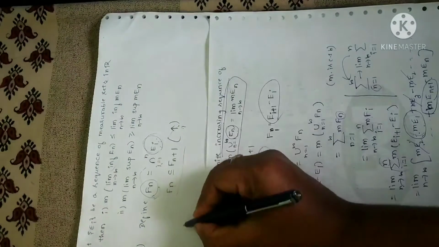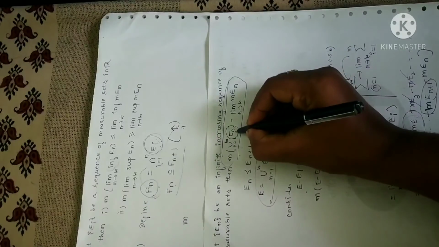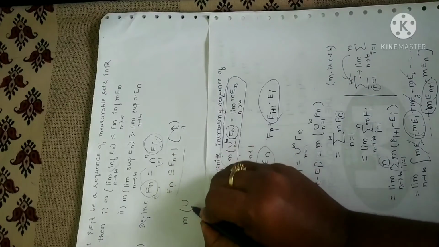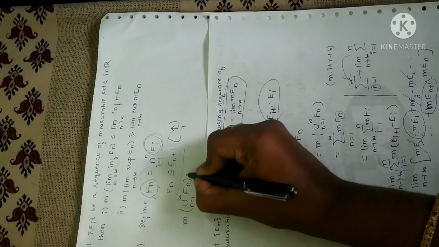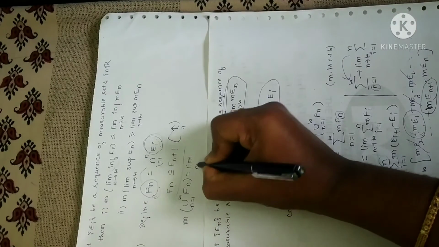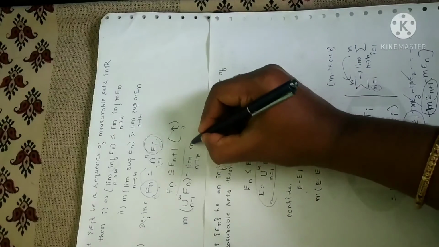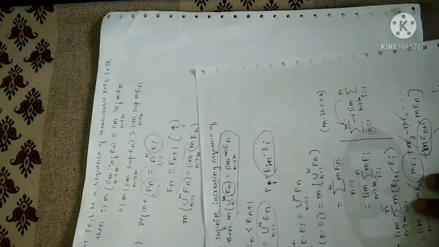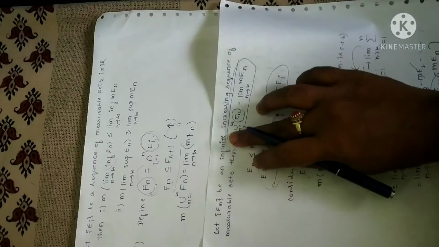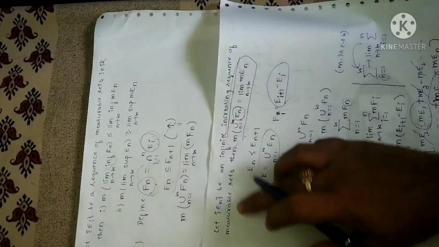So let me write this statement as it is. Instead of En, I am going to write Fn. M of union n equal to 1 to infinity Fn is equal to limit n tending to infinity M of Fn. Clear? Why? Because this statement holds good only for an increasing sequence of measurable sets.